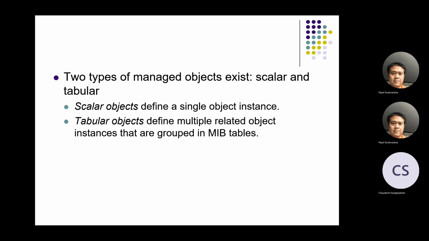So it's going to be kept as a linked list or table. So it's tabular, not a single object, right? So give me your IP address, we're going to send the list table of IP addresses of this router. But here you have to say, give me this object ID, rather than saying give me your IP address. So it will be represented as the object ID number.